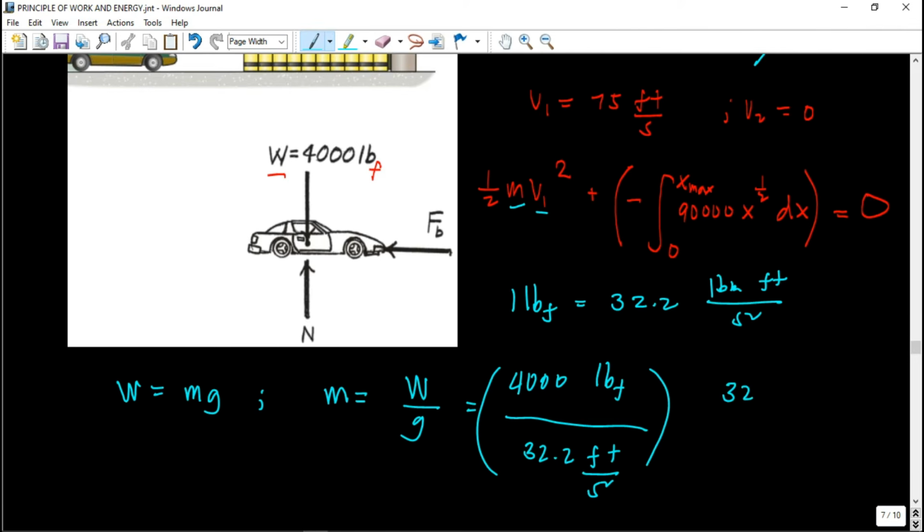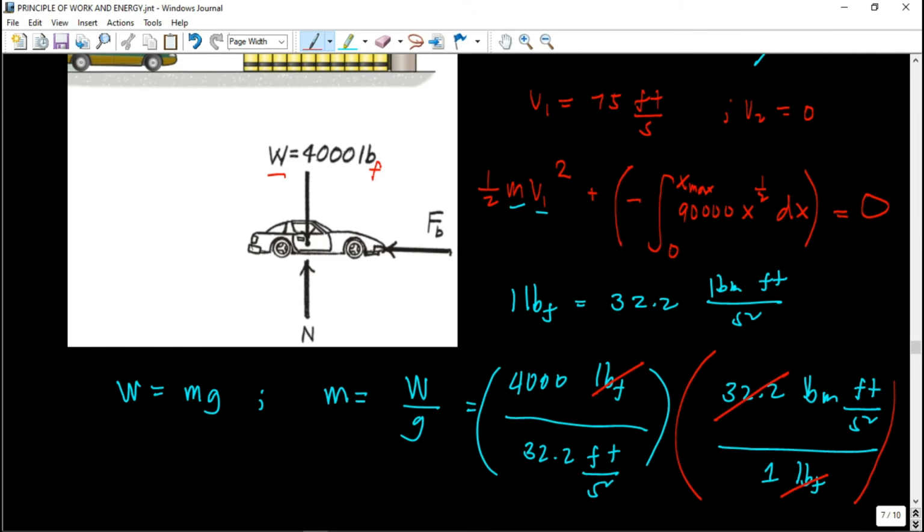So that is 32.2 pound mass feet per second squared per 1 pound force. So this will cancel out here. Di natin kailangan ng pound force. Dapat ma-extract natin si pound mass. Basically 32.2 will just cancel. So that's the medyo weird sa English units.